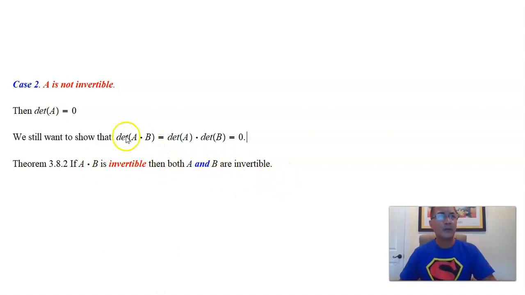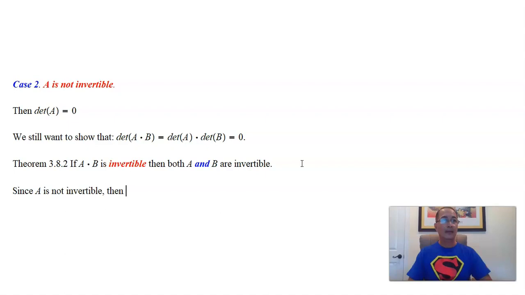So can A times B be invertible? No, because we know that A is not invertible. So since A is not invertible, then A times B is not invertible.